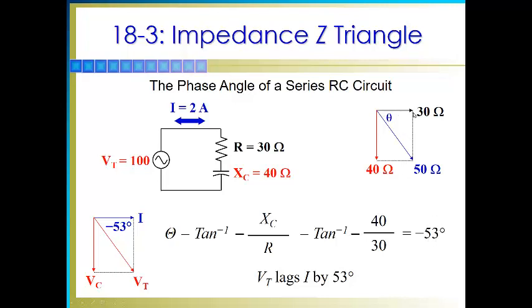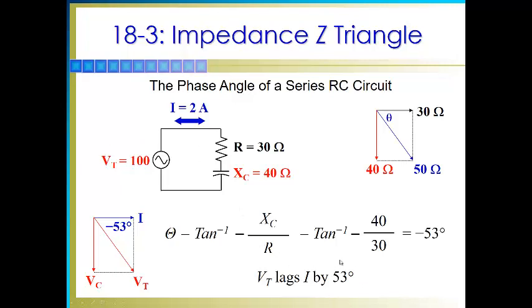So we can use this one, or we can use the current and the voltage across the capacitor, or we can use the resistance and the reactance. Either way will lead us to 53 degrees. So now we can say that the total voltage right here lags the current by 53 degrees.